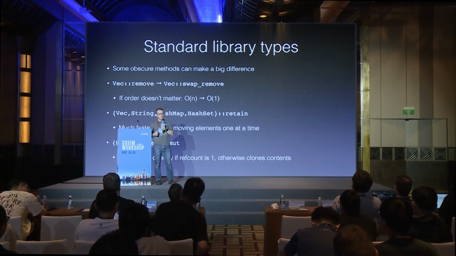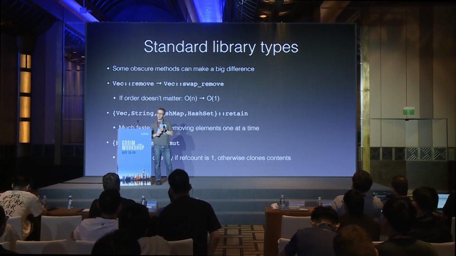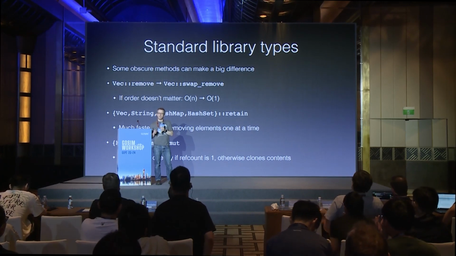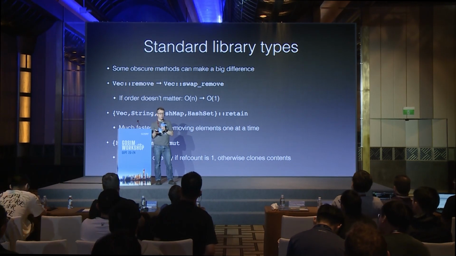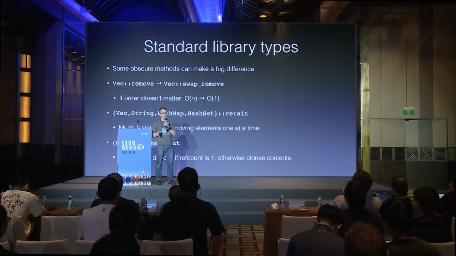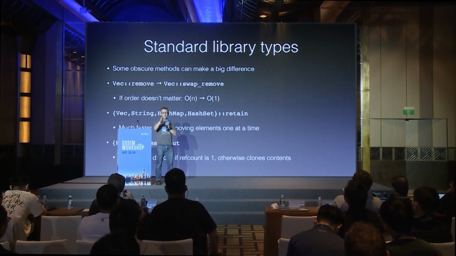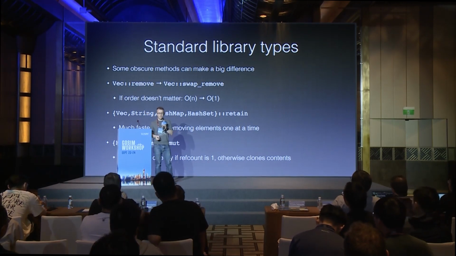So when it comes to standard library types, there are some obscure methods that can occasionally make a big difference, and so there are some things that are worth knowing. If you want to remove an item from a vector, the obvious way to do it is with the remove method. But the way that works is, imagine you remove an element from the middle of a vector, then you pull that out, and all the elements above that need to be shuffled down, and that takes time.